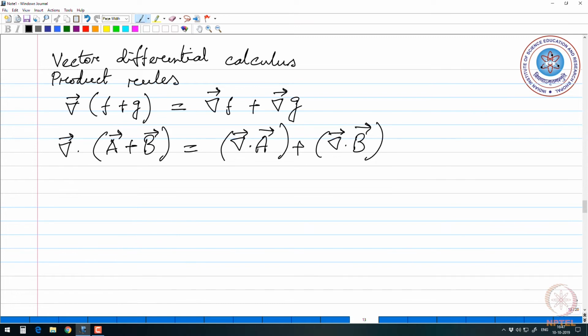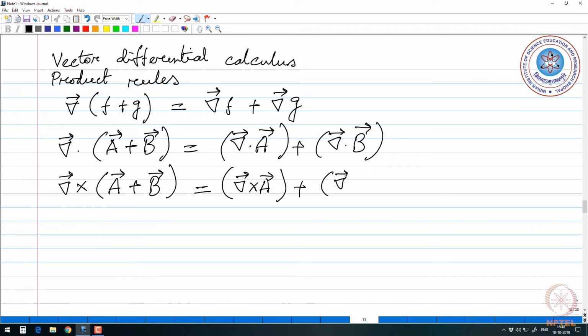And the same thing holds for curl as well. The curl of the sum of two vectors can be given as curl of A plus curl of B.